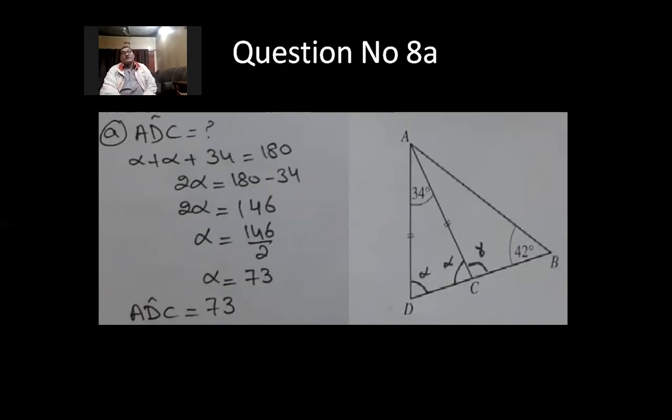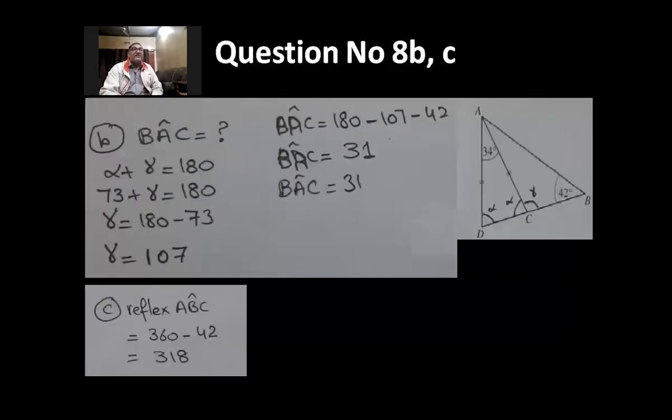So 2 alpha is equal to 146, and alpha will be equal to 146 divided by 2, so alpha will be 73. So the ADC angle will also be alpha, so that will be 73.